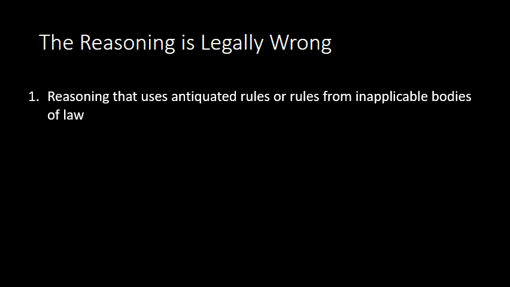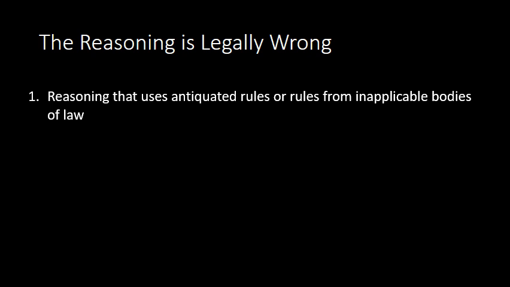The reasoning could use antiquated rules or rules from inapplicable bodies of law. This happens a lot, not always with antiquated rules, but often with inapplicable bodies of law. So we might see UCC, Uniform Commercial Code, versus common law. So you have to know whether you're working with services or goods.